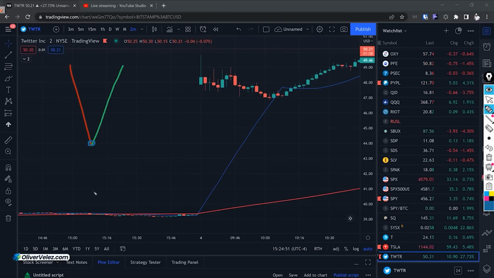Now, in this moment, both hands are on the baton. Both fear and greed's hands, there's a split second where both of them have the baton.